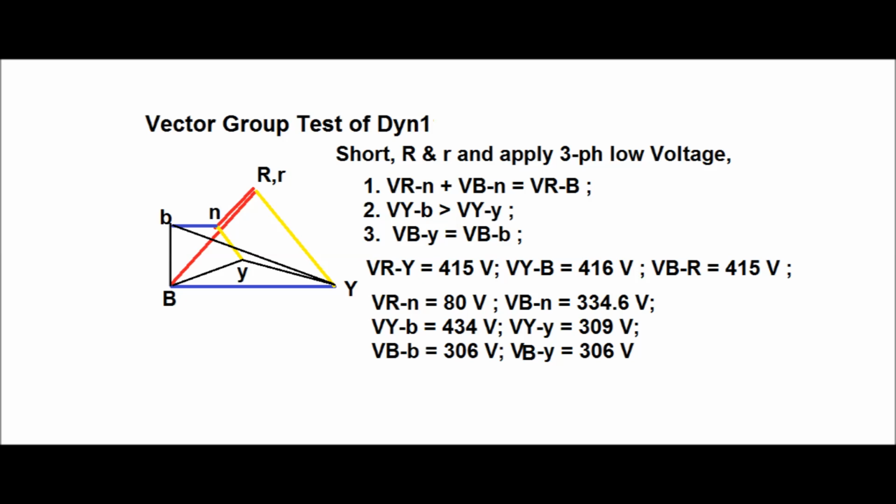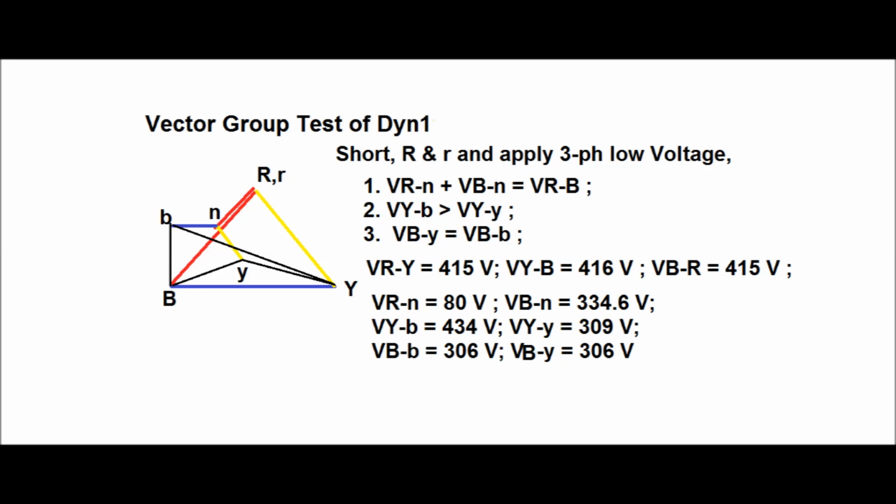Condition 1 is that the voltage between HB side red and blue phase must be equal to the voltage between HB side red phase and LB side neutral plus the voltage between HB side blue phase and neutral.